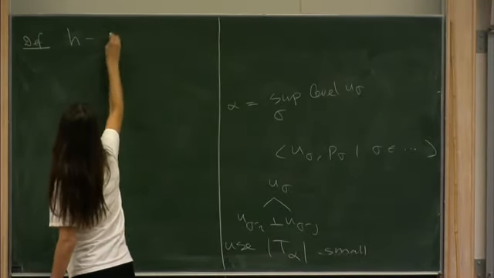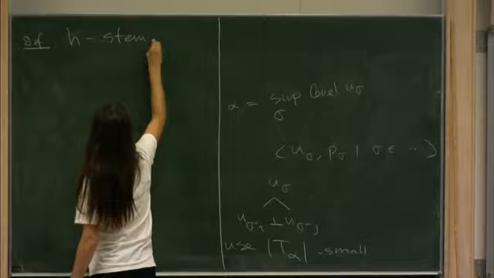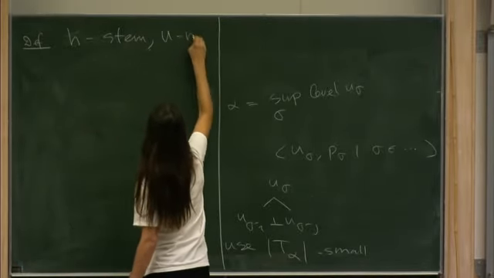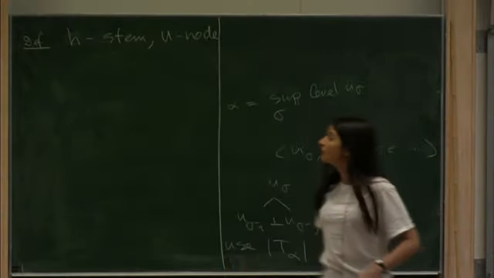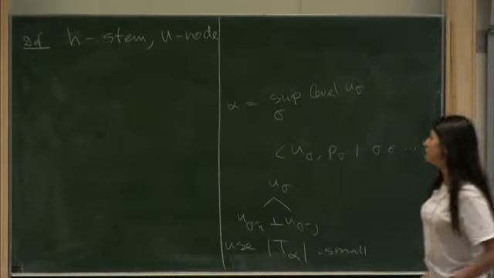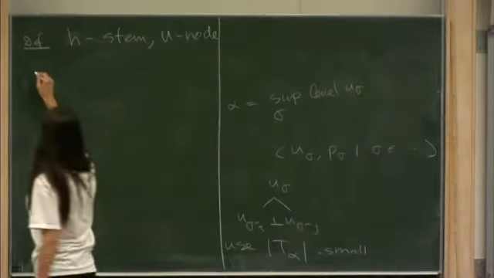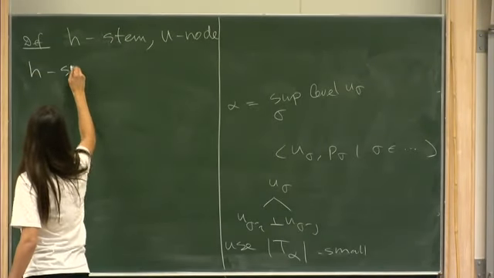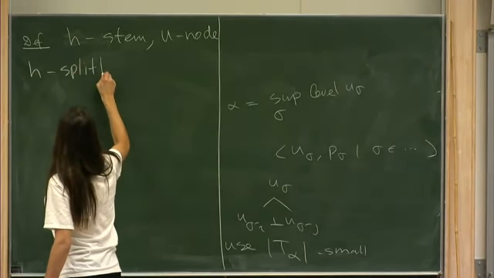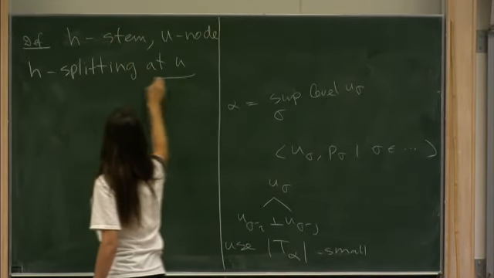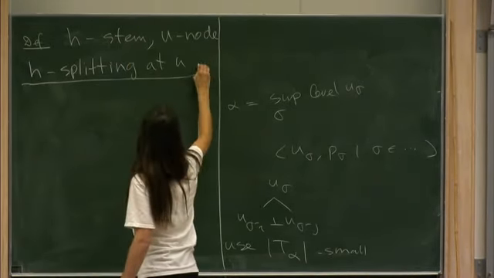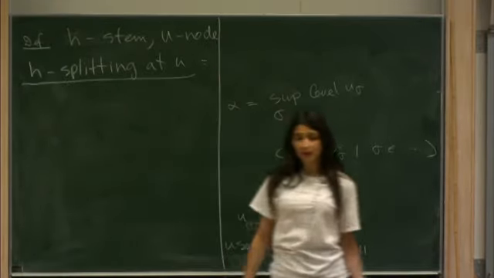So suppose that H is a stem and U is a node on the tree, where node, this is just a pair of ordinals. H splitting at U holds if we have the following.